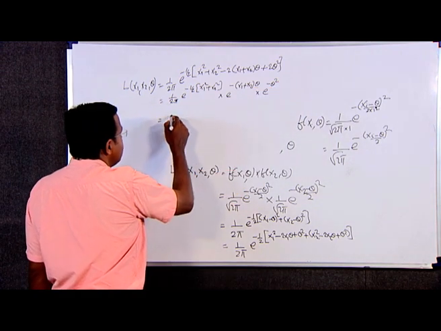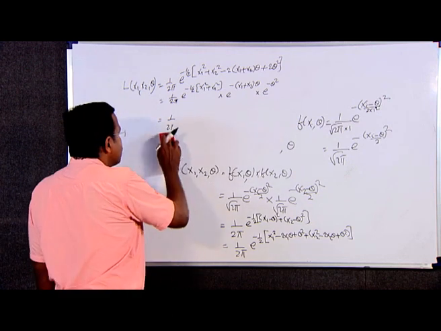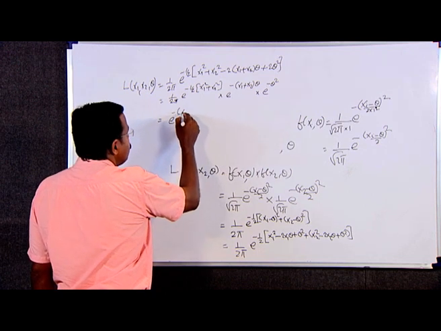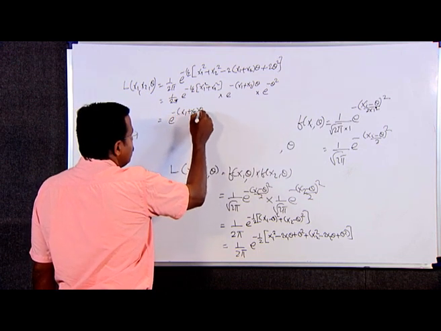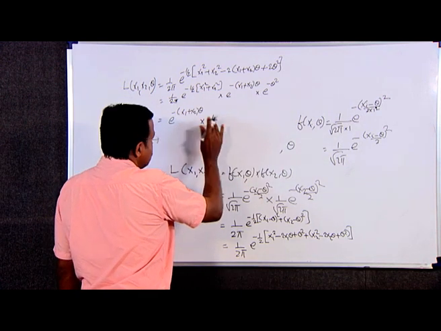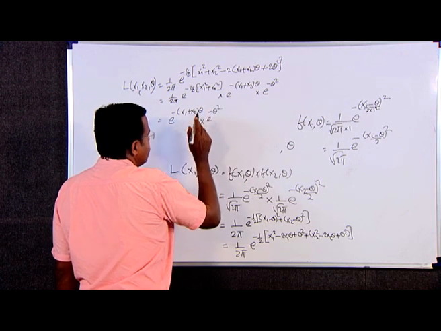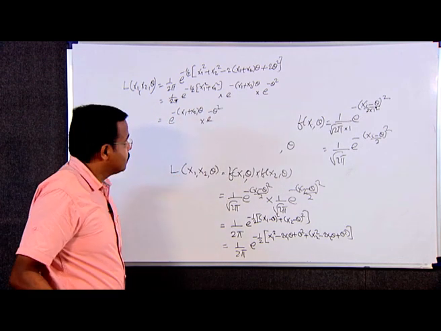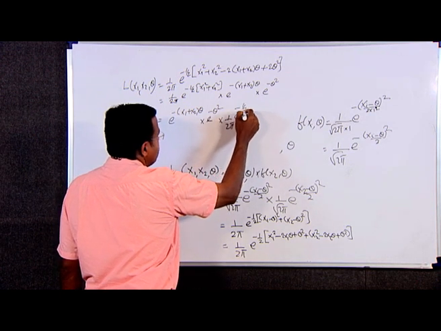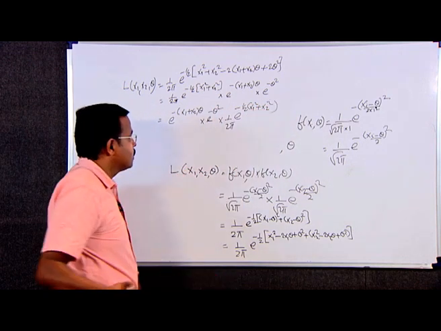So, we can write it as e raised to minus of (x1 plus x2) into theta into 1 by 2 pi into e raised to minus theta square, into 1 by 2 pi into e raised to minus 1 by 2 into (x1 square plus x2 square).